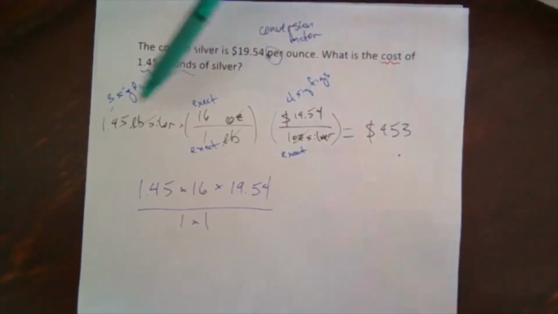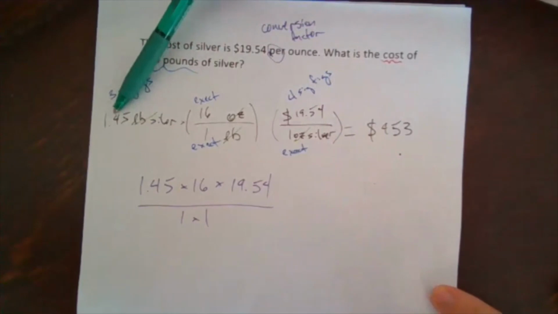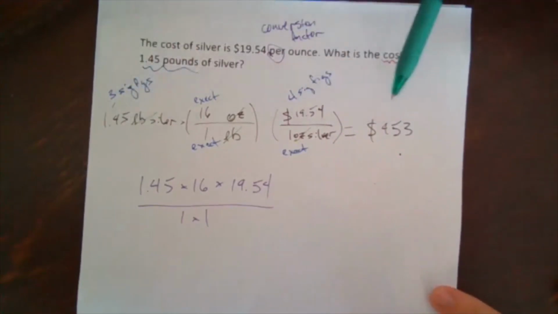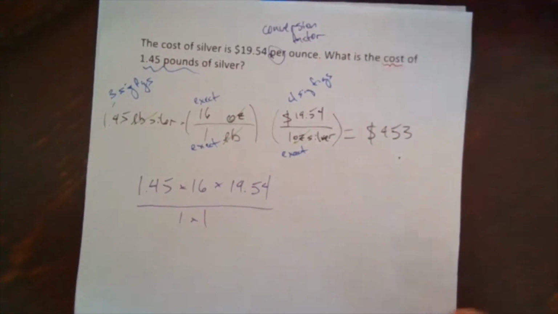A bigger mass means less resolution, so your cost is going to have less resolution. You don't necessarily know out to cents. If you wanted to know out to cents, you would need another digit, like 1.456 or whatever, to get down to single cents.